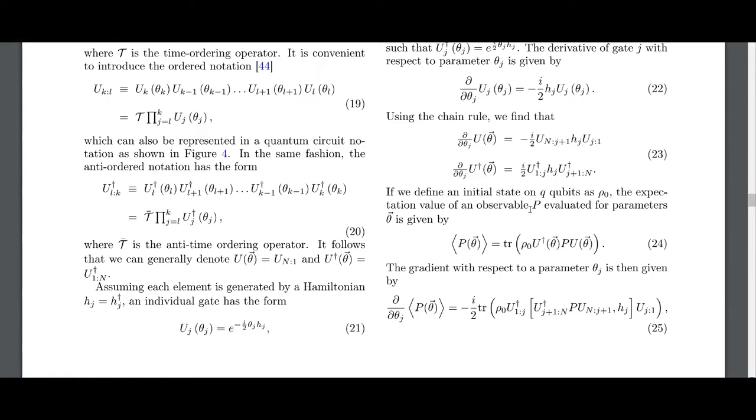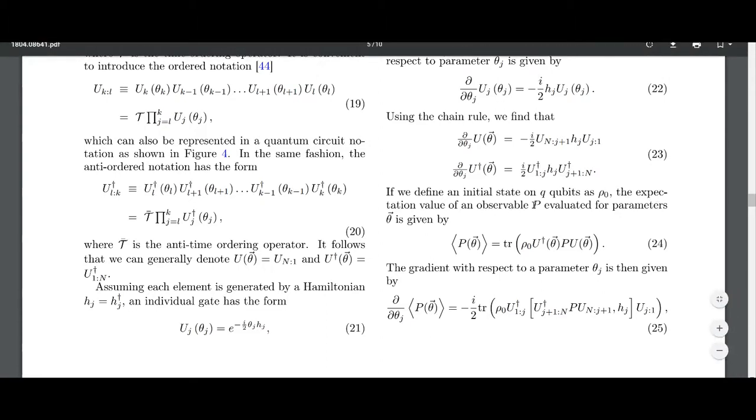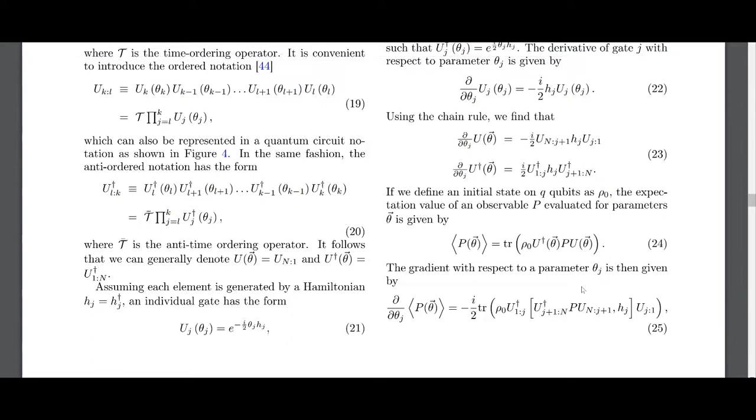If we define an initial state on q qubits, the expectation value of an observable. I happen to know that this is probably the notation for the density matrix, because I'm working on the videos at the same time. The expectation value of an observable is the trace, which is basically the sum of the diagonal. Sorry, I'm reading this out loud, and that's not the outcome that I want to generate out of these sessions. I'm not really happy with this.